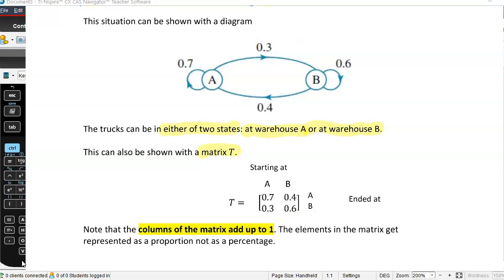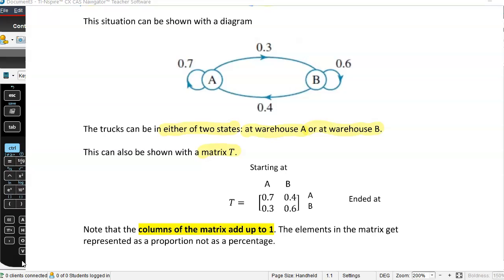Now, the thing you absolutely have to take note of is that these columns add up to 1. You can see they add up to 100%. So they add up to 1 for 100%. That's what the columns add up to. So for every transition matrix, the columns of the matrix add up to 1.